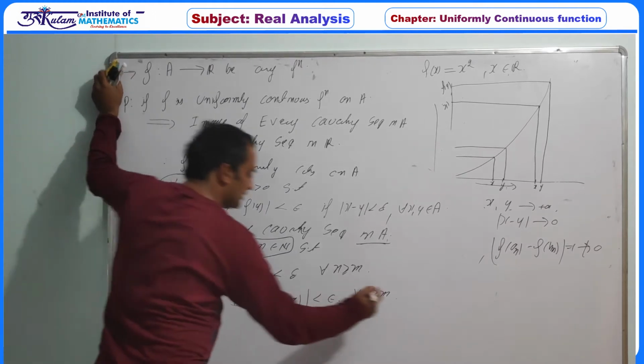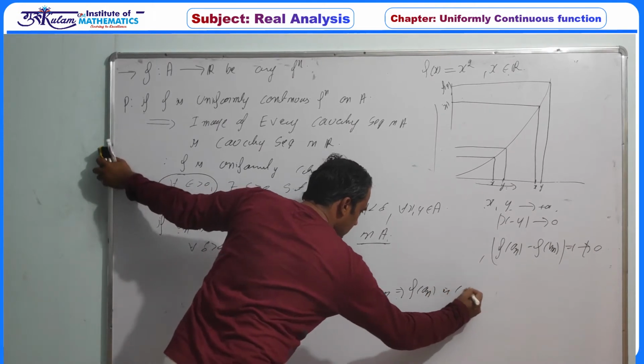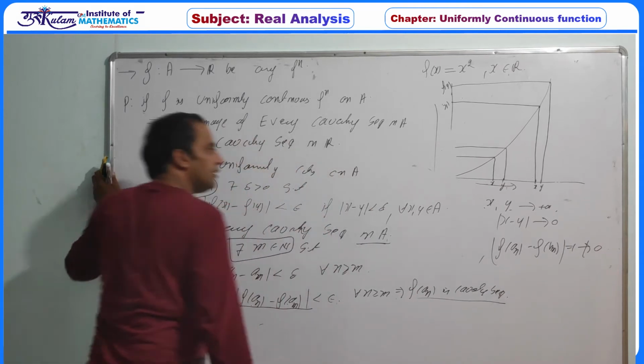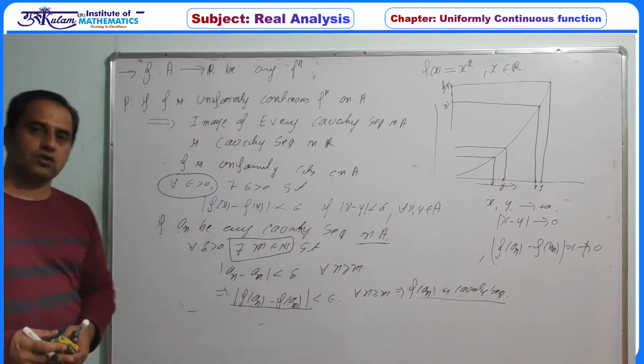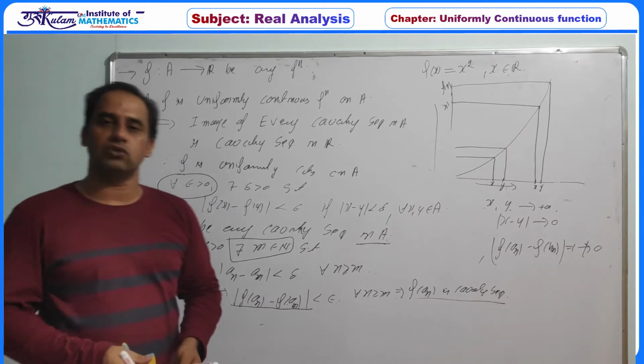That is, the sequence f of AN is a Cauchy sequence in R.